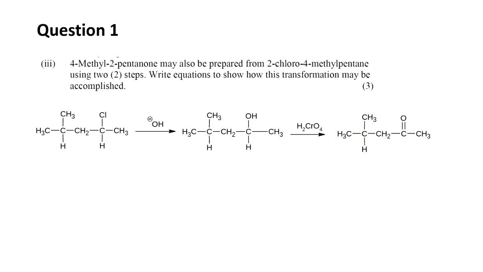So if you wanted to favor SN2, you would have to use polar aprotic solvents. Very good. So we first form the alcohol, and then in the second step, we have the oxidation of the alcohol to give the corresponding ketone.